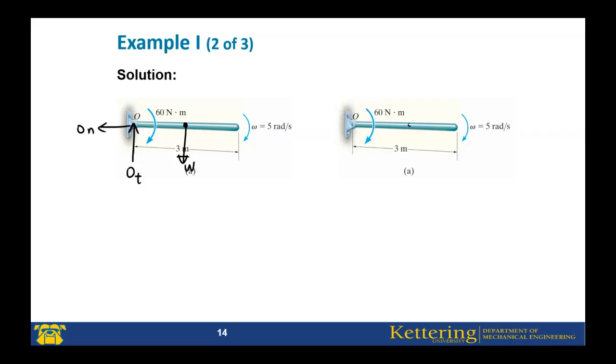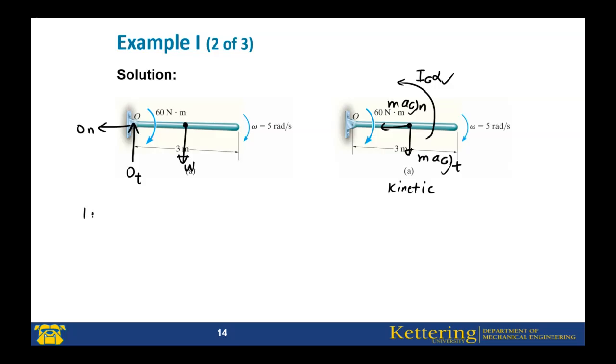And this is the kinetic diagram. This is m a_G along tangential. This will be m a_G along the normal. And also, this is I_G alpha. Now for this problem, we have this, and also this one for the kinetic diagram.